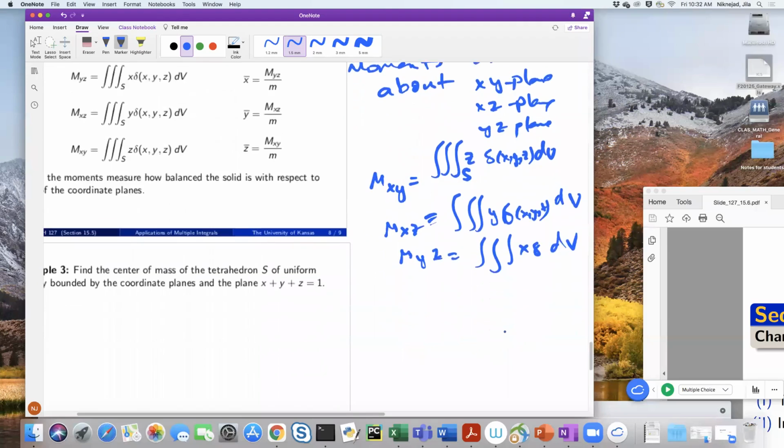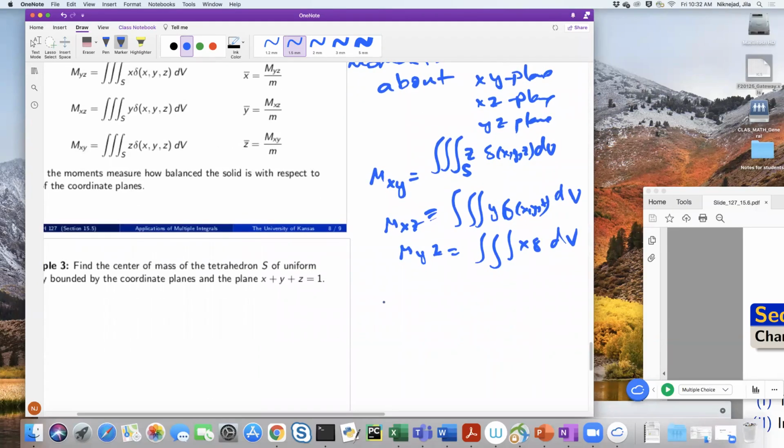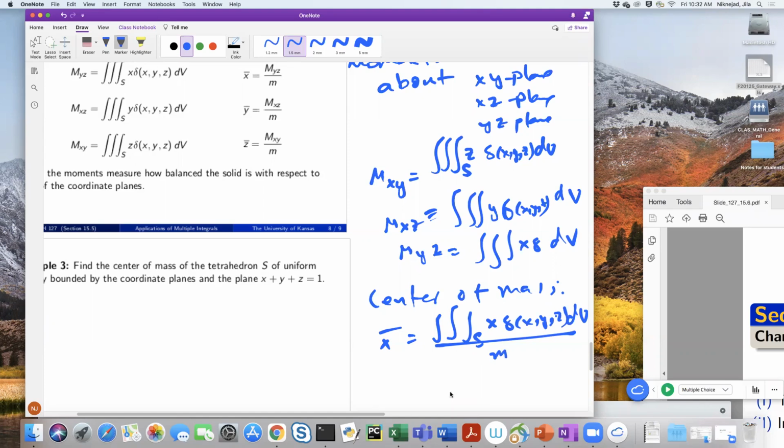If you want to find the center of gravity or center of mass, then x bar equals the triple integral over the solid of x delta(x,y,z) dV divided by the entire mass.